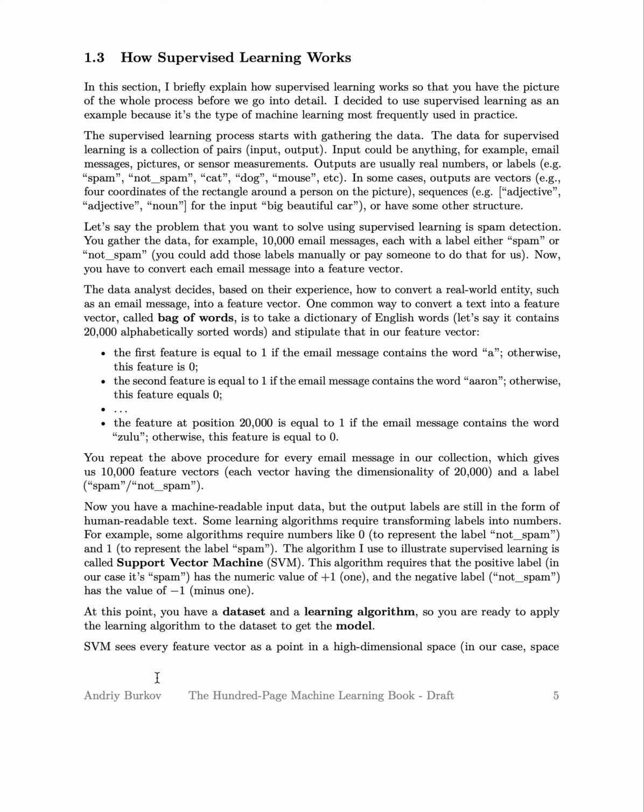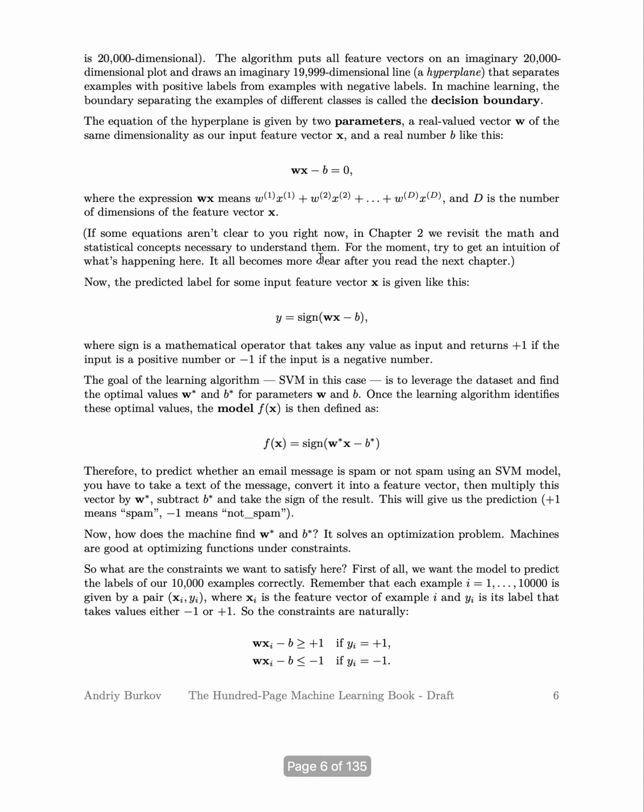So what does SVM do? SVM will see every feature vector. For example, we have 20,000 dictionary words which we have converted into vectors, because they have numbers 0, 0, 0, 1, 0, 0, 0 based on which words were present in the email. So it will take every vector as a point in a space.